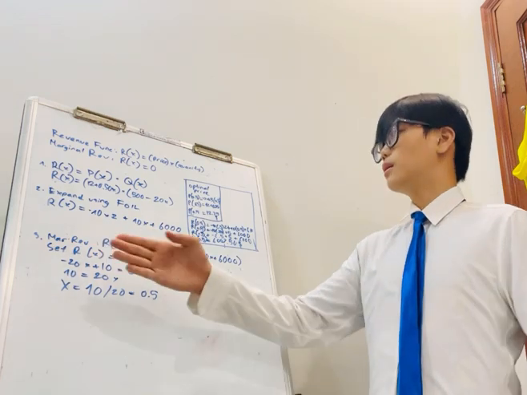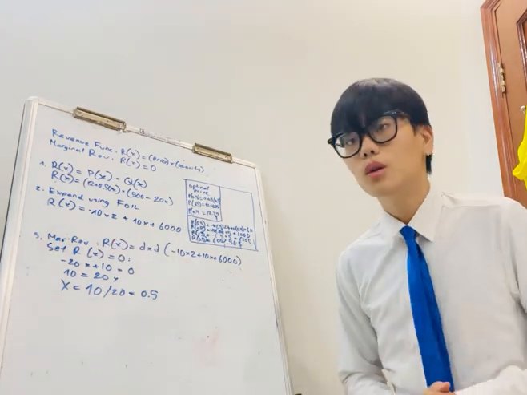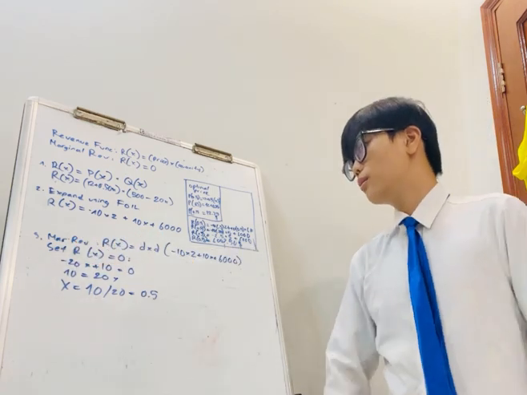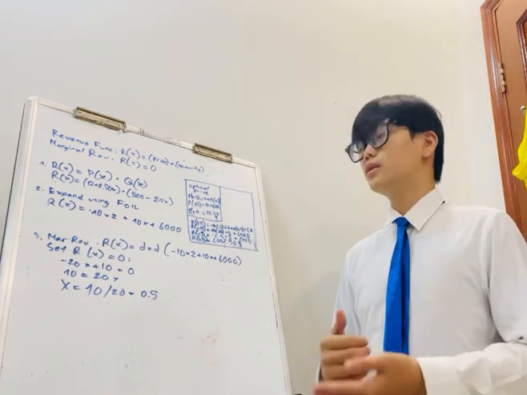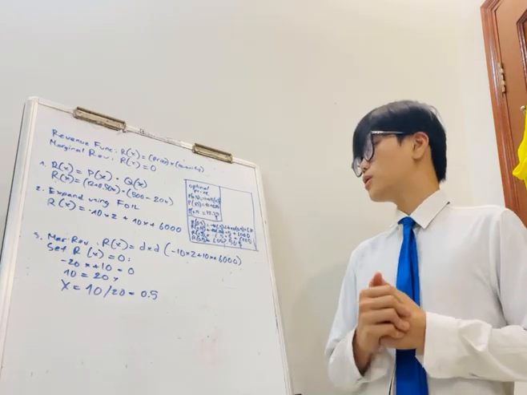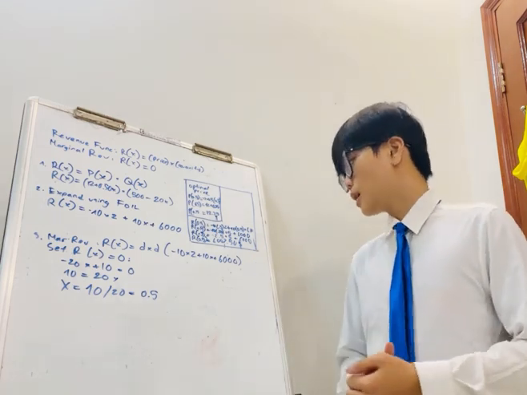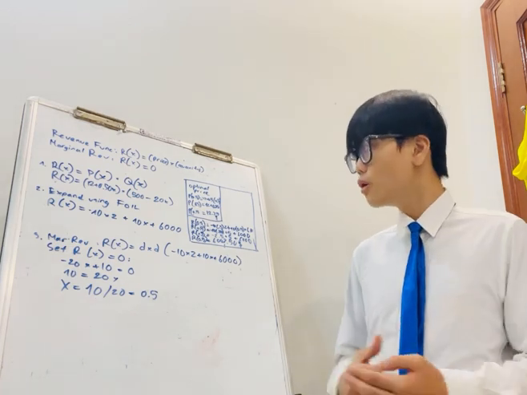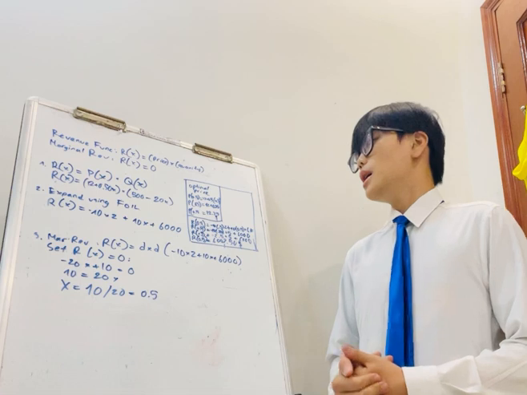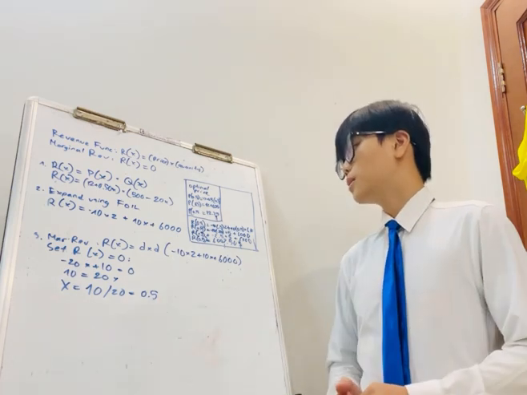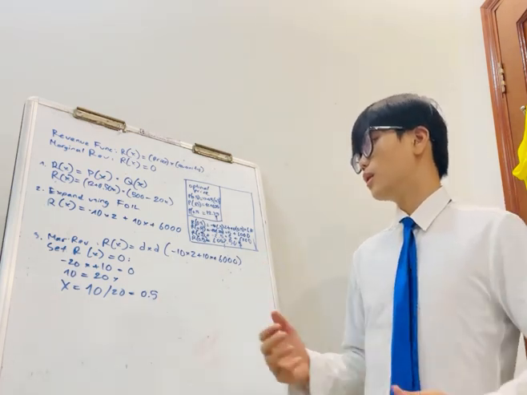Next is the marginal revenue. The standard would be R'(x) equals d/dx of minus 10x squared plus 10x plus 6,000. After this, I can set R' to 0 because I'm finding the base for it, and it becomes minus 20x plus 10 equals 0.